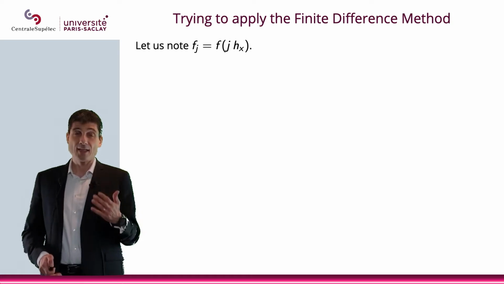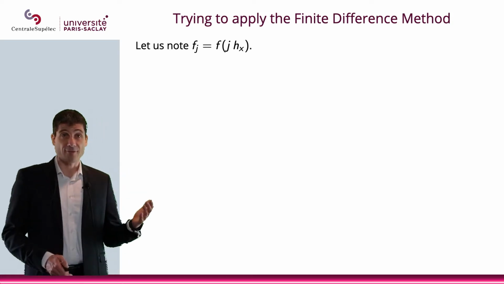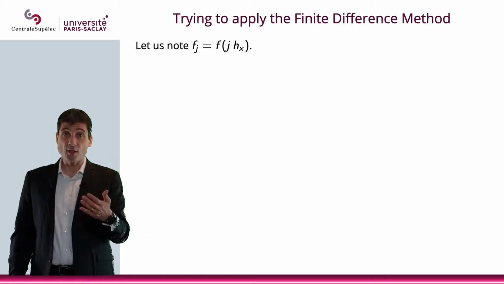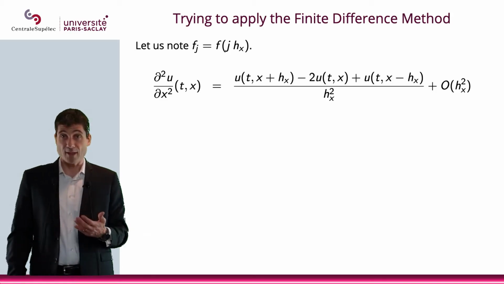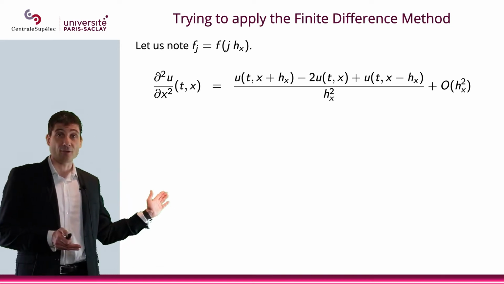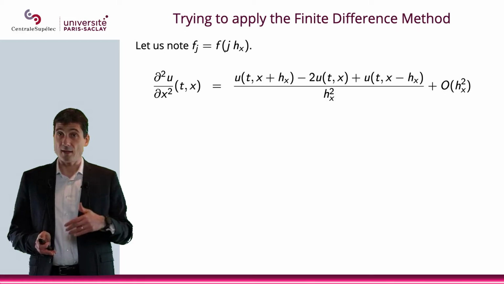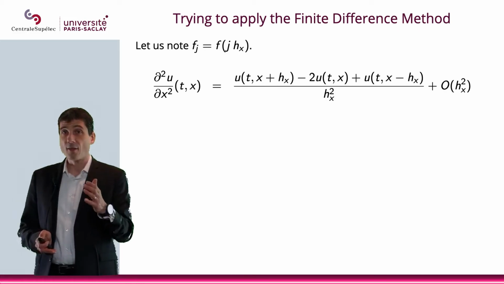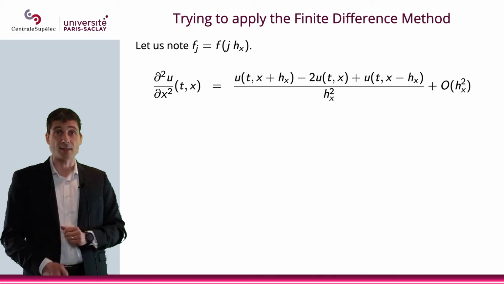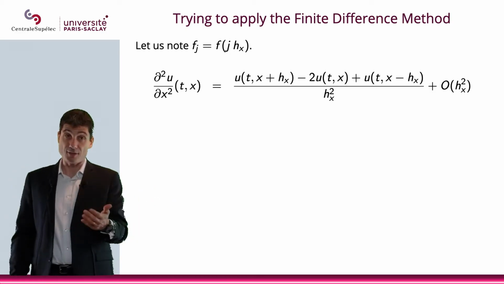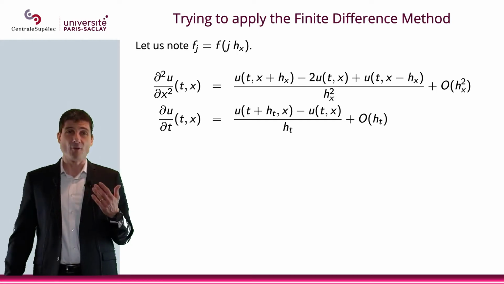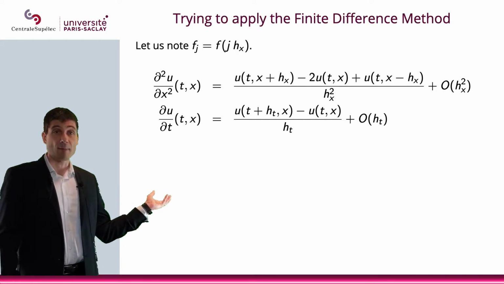All right. Now let me denote f_j, f evaluated at j hx. As you know, the second derivative of u with respect to x can be approximated by this quotient. And if you forgot why, then you want to go back to chapter 6, where we explain why this is so. And in the same way, the first time derivative of u is going to be given by this.